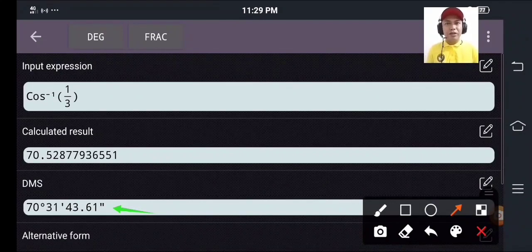So cosine inverse 1 over 3 is 70 degrees 31 minutes 43.61 seconds.